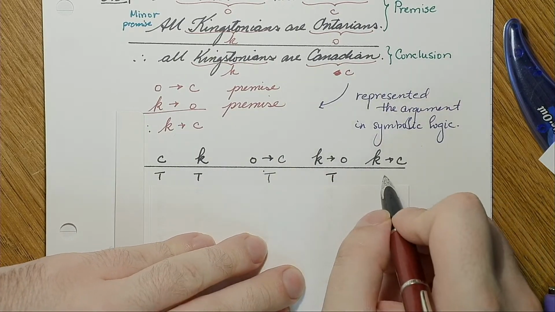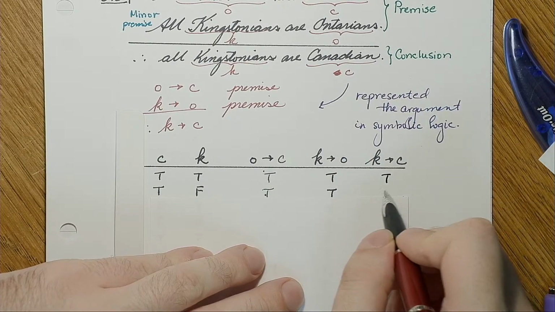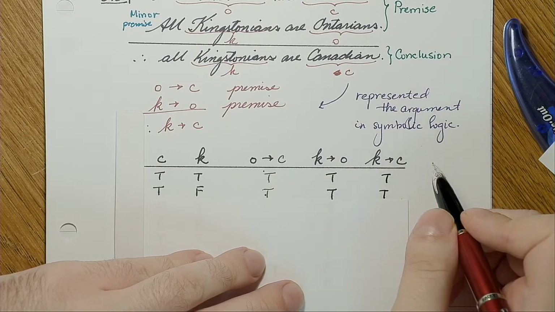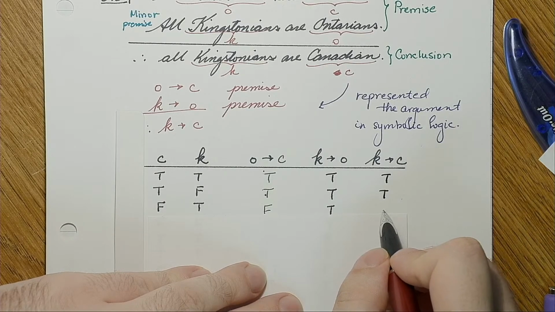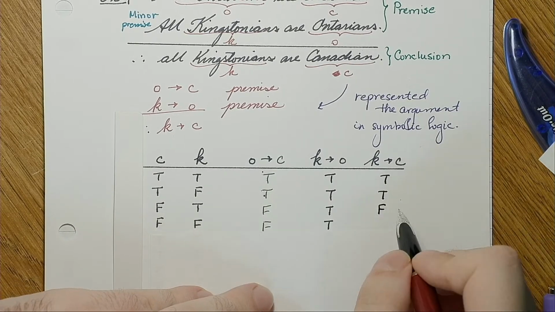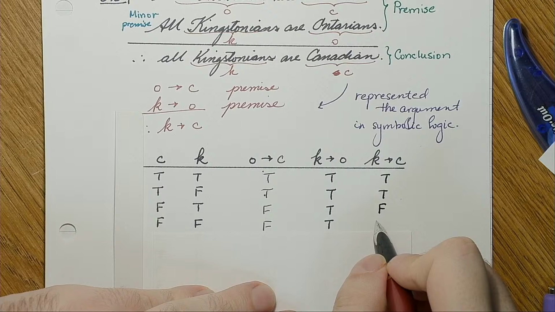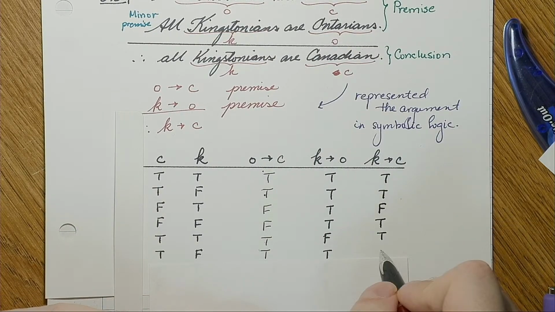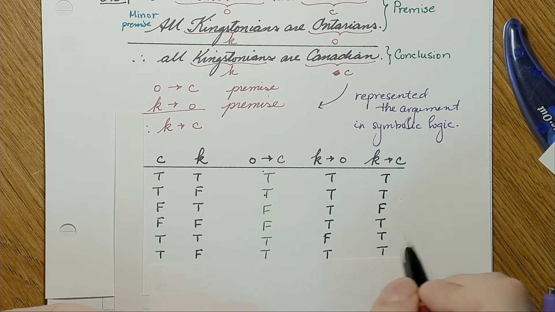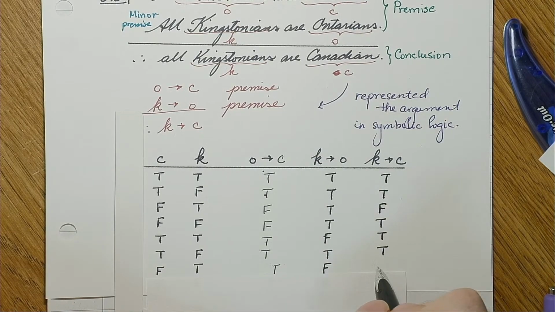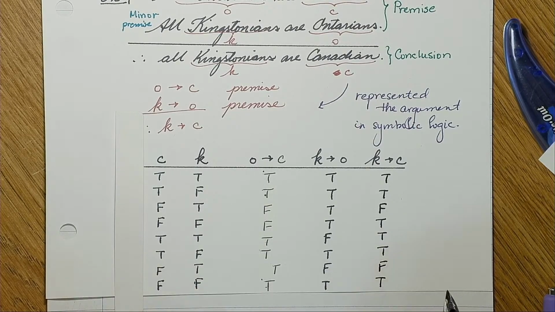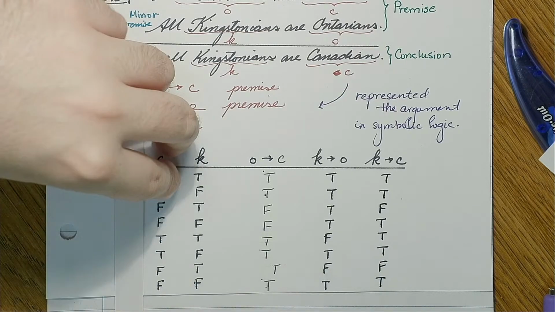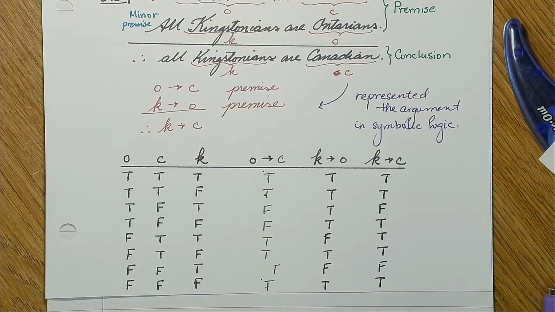So true implies true is true. False implies true is true. True implies false is false. False implies false is true. True implies true is true. False implies true is true. True implies false is false. And lastly, false implies false is true. Okay? And did everyone get the same thing?